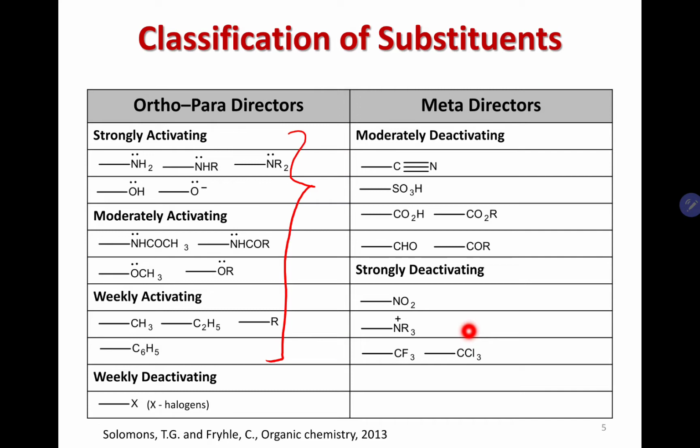So usually these activators, ortho-para directors and activators, are electron donating. They donate electrons towards benzene. Benzene is already rich in electrons, and these substituents are pushing electrons onto benzene. So benzene is like, hey, now I have more electrons so that I can easily attack an electron deficient electrophile. That is exactly how it happens.